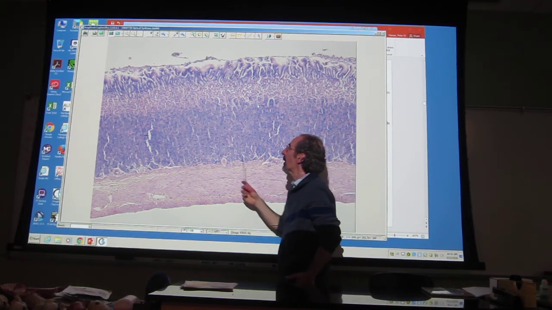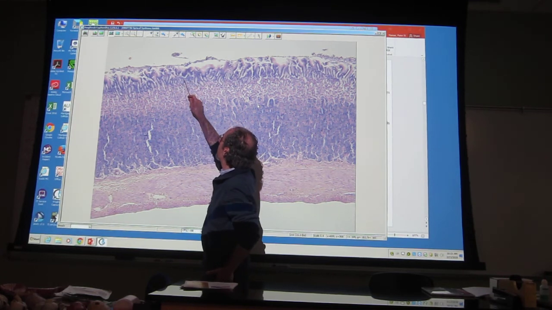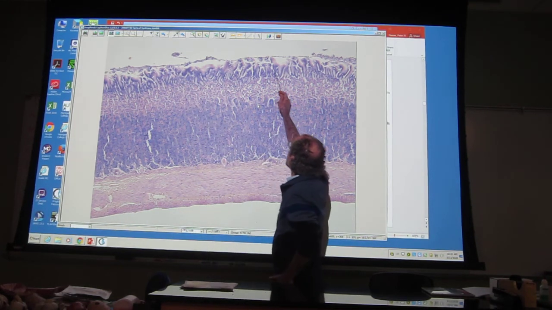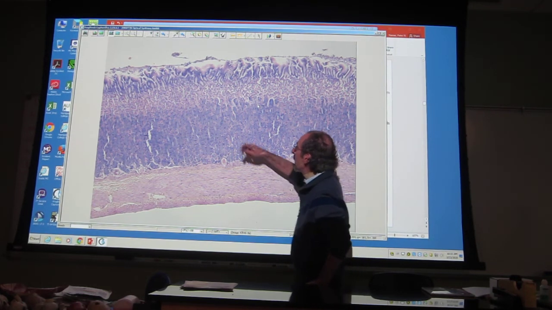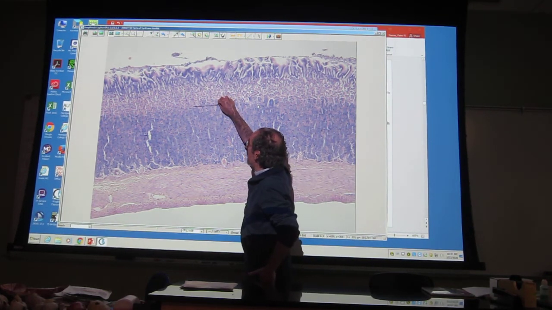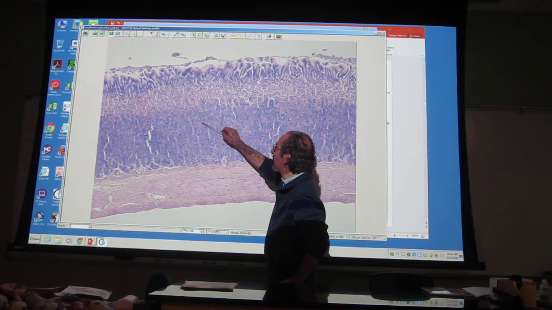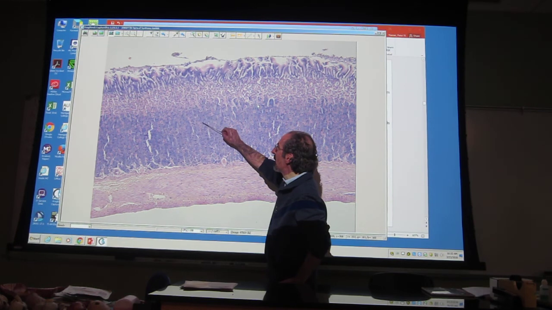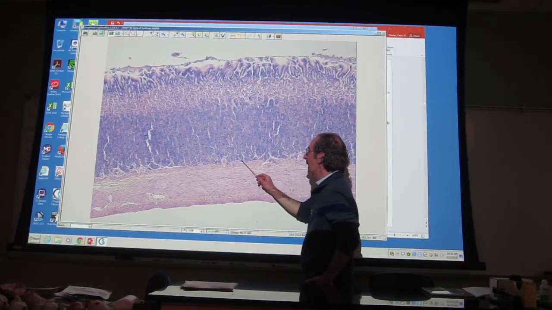Again, let's go through the parts. The lumen is up here. This would be the surface, and then the gastric pits you can see all throughout here, lined by simple columnar epithelial cells. The gastric pit is basically from here down to here, and you can see it's lined by these purple and pink cells. The pink are the parietal, the purple are the chief cells, and then the dead end down here is the acini.